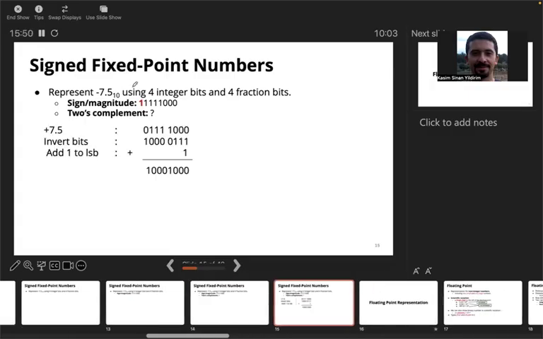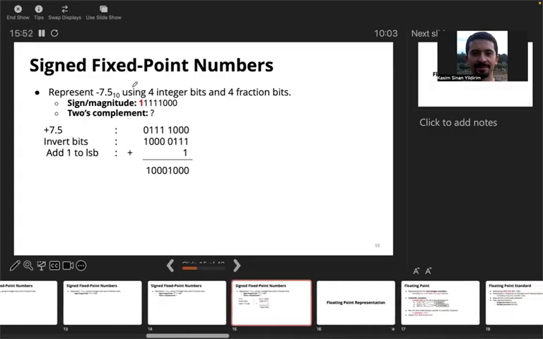For example, let's first convert 7.5 into a fixed point number. What is 7? 0, 1, 1, 1.